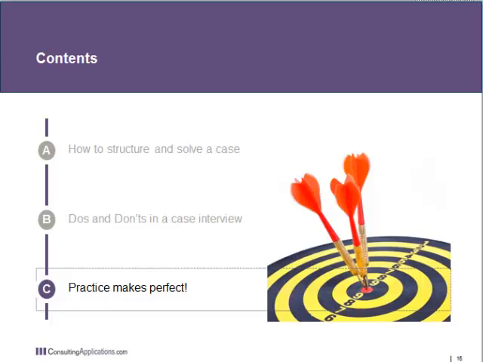You want to be able to solve a case even in a high tension environment, like a case interview. To do all the things that we discuss, you definitely need to practice and to internalize them. You want to be able to do these things without having to consciously remind yourself during the case. This will help you free up your mind to actually think about the case itself.